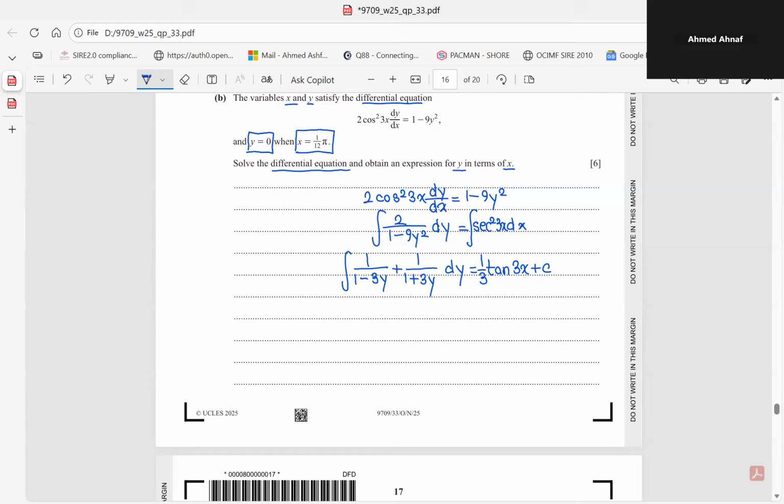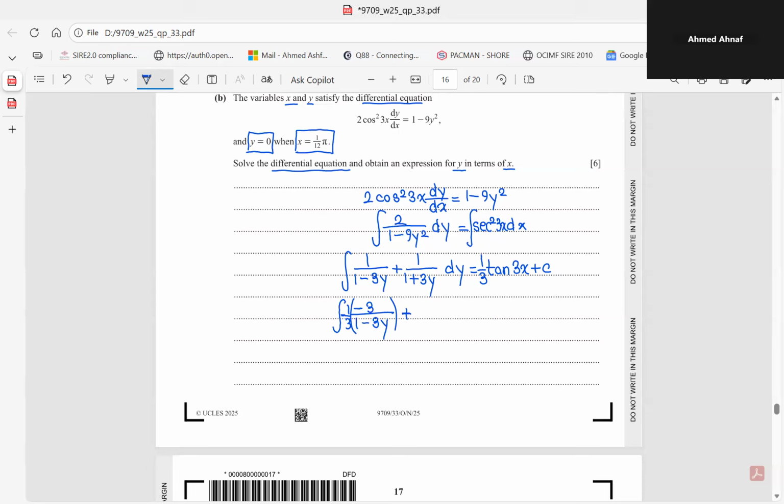So when you differentiate 1 minus 3y with respect to y, you'll get minus 3 over 1 minus 3y. And to keep the value the same, you actually have to multiply by -1/3. So this is -1/3 times -3 over 1 minus 3y.